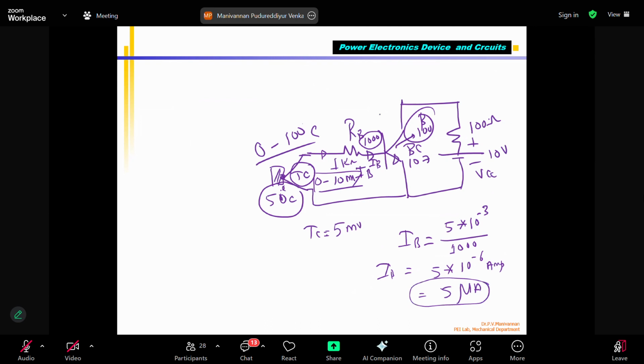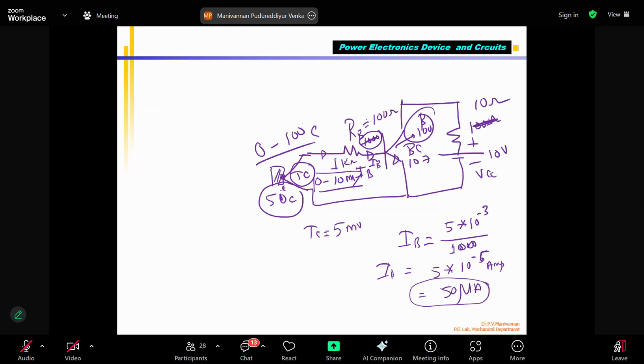Once I connect to my transistor amplifier, for understanding purposes, because these values look too small, I put RB equal to 100 ohms. Many applications happen like this. So that means this will be divided by 100. This will be 10 power minus 5, that is 50 microamps.